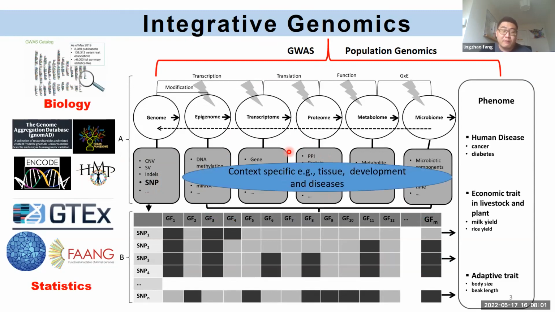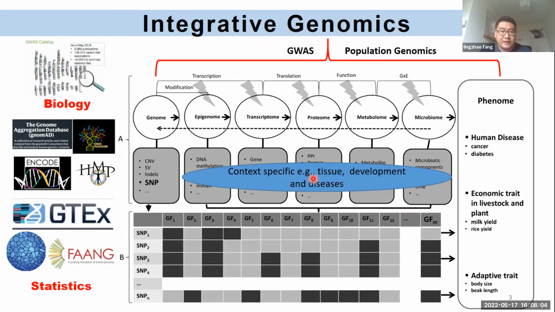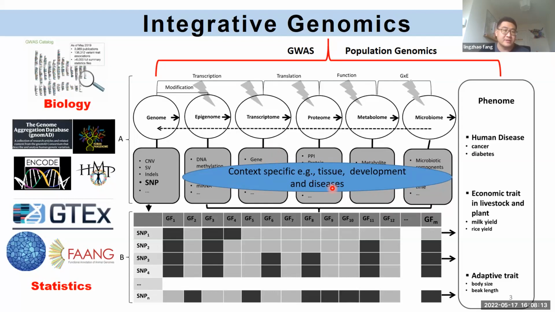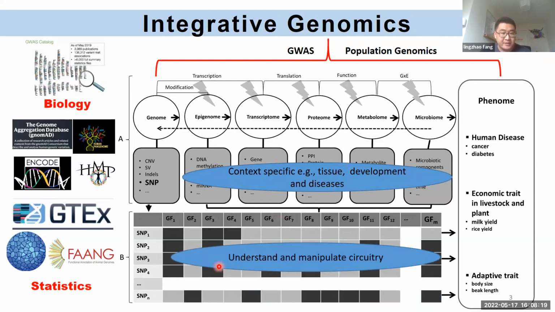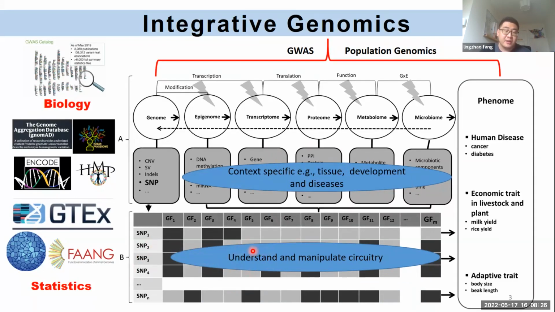This is also a very big challenge because all this functional annotation data is very context specific. They could be different across tissues, development, or diseases. But once we have this rich data, we have more opportunities to develop advanced methods and understand the regulatory circuitry underlying the complex traits in humans, livestock, or plants.